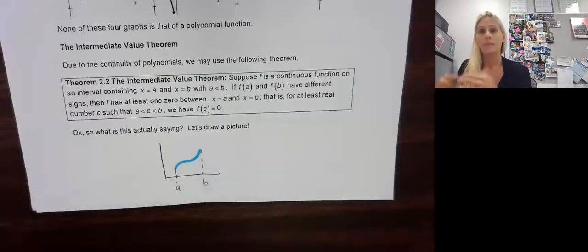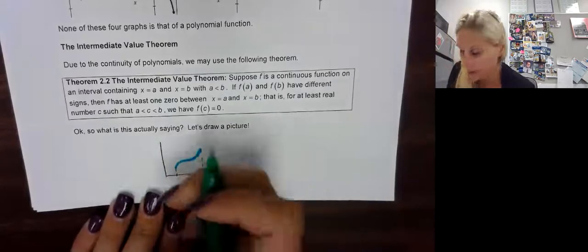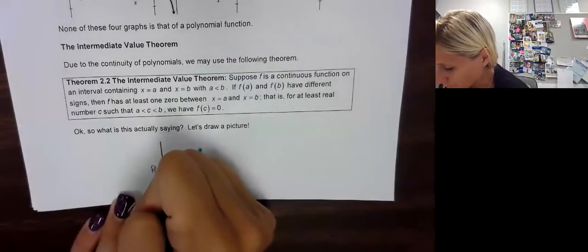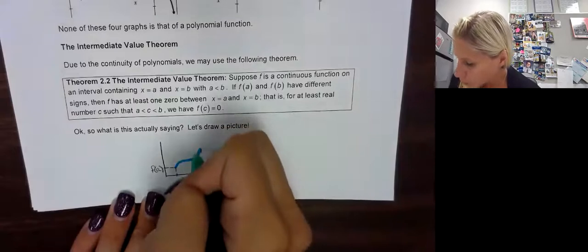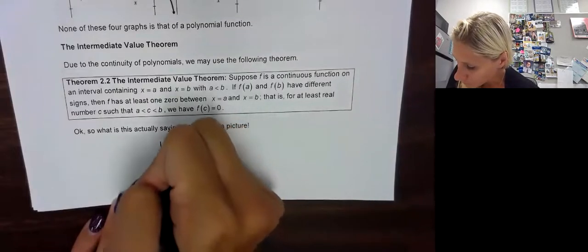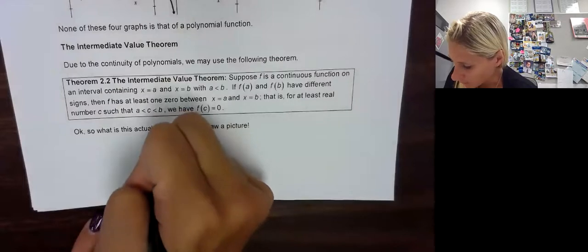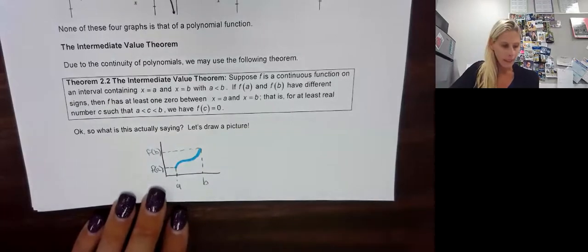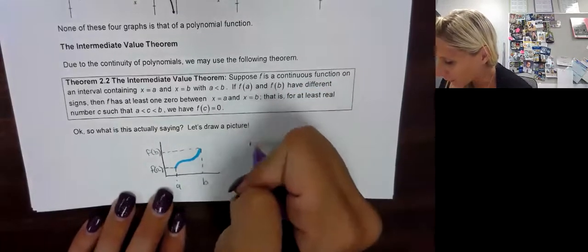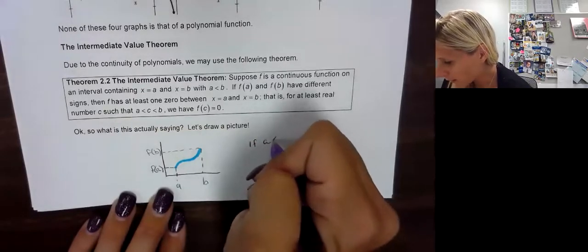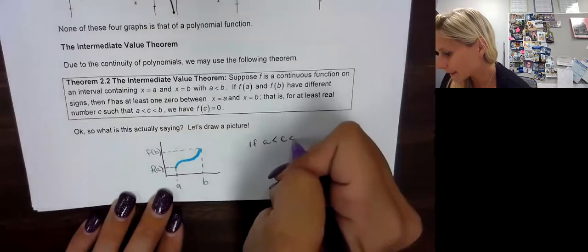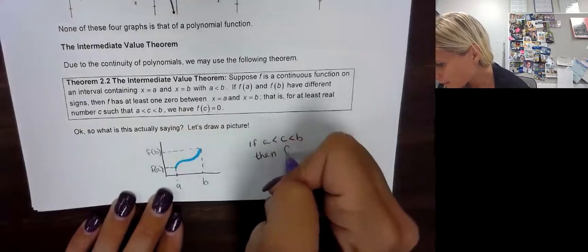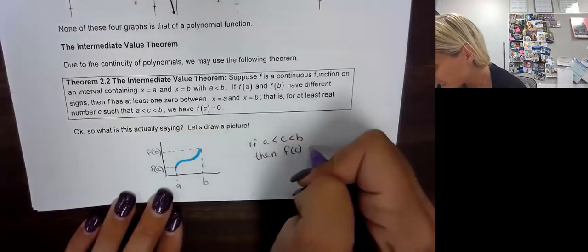Okay. How do I explain that? Well, we know that at a, we have a value f of a, and at b, we have a value f of b. If a is less than c is less than b, then an f of c exists.